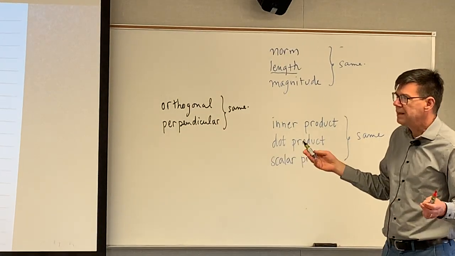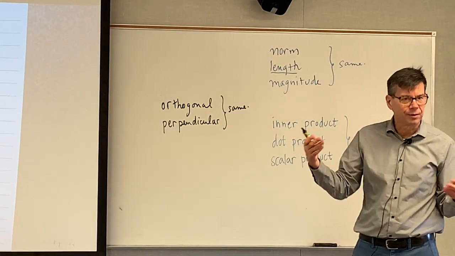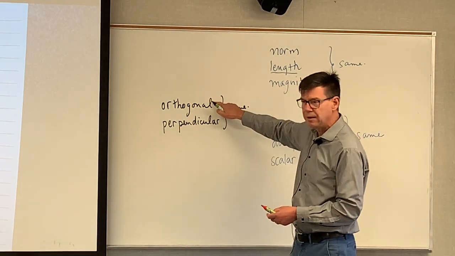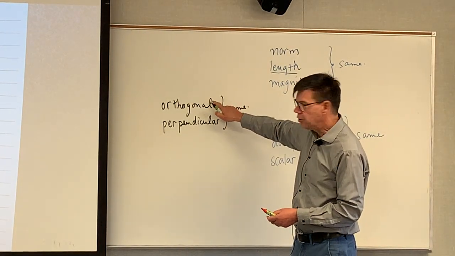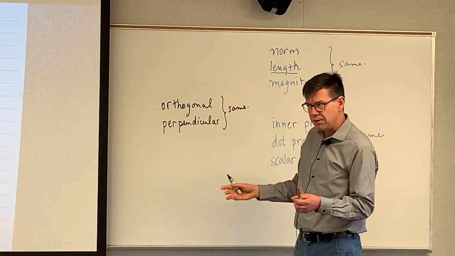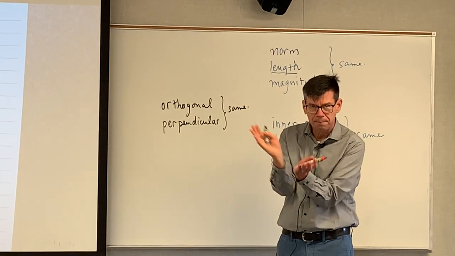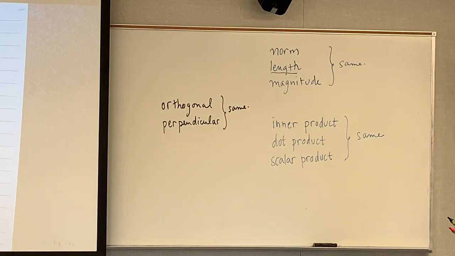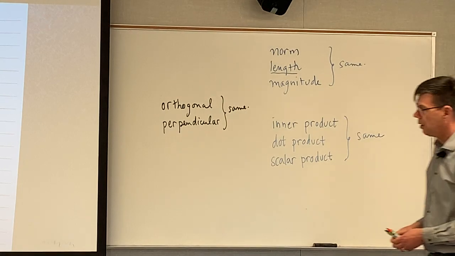Vectors might not be arrows or lines. They could be functions or something else. So we tend to use the word orthogonal in a more abstract way. But your intuition is that there's something about them that they're, you know, in this perpendicular relationship. I don't think you want to lose that picture.